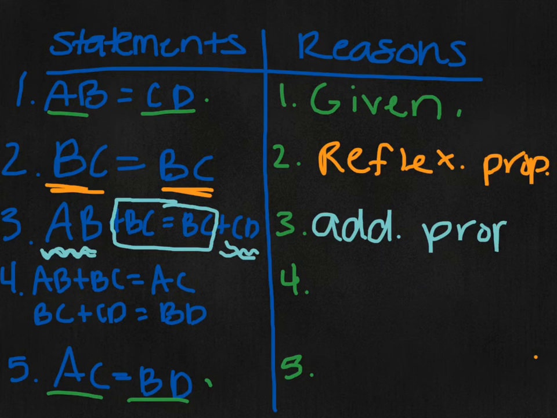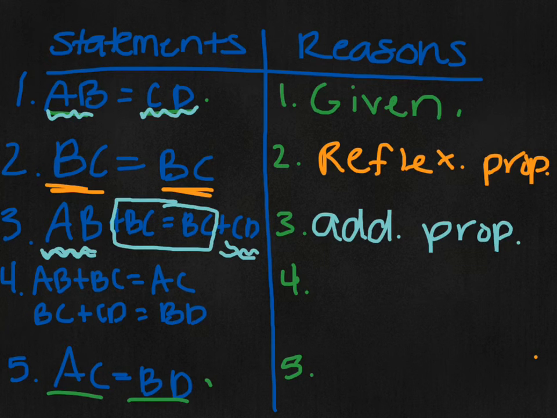And you're probably thinking, well, the addition property is where you add the same thing on both sides. And one side has an AB and the other one has a CD. If you go back to the very beginning, they equal each other. So they are the same, they just look different. So technically, we are adding the same thing on both sides, so that's why we can use that property.